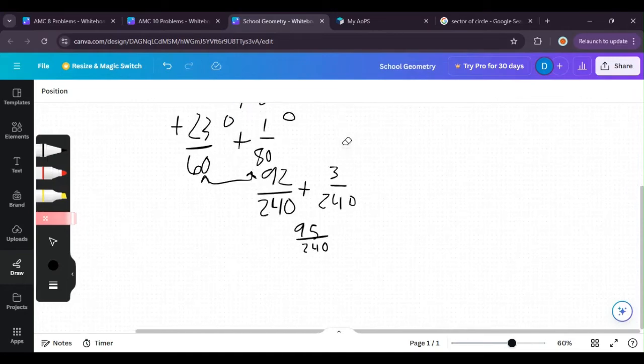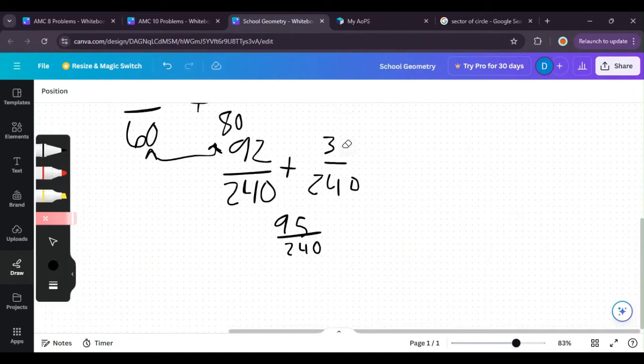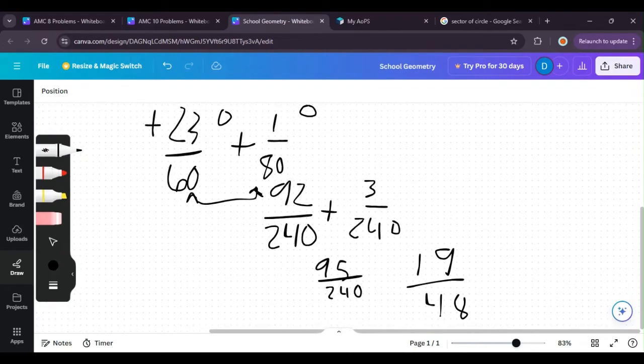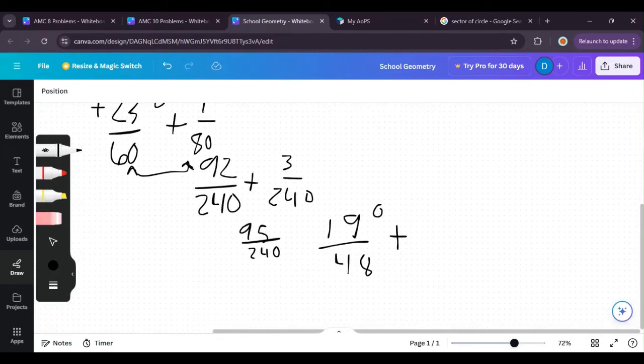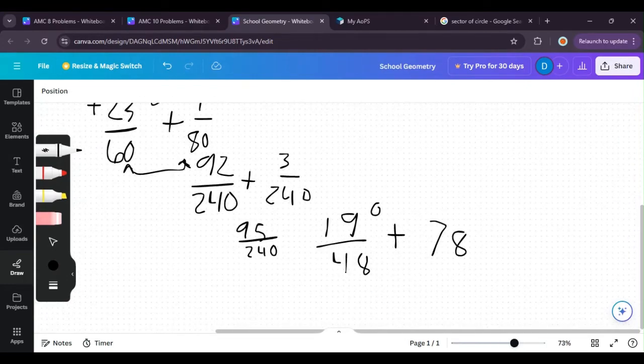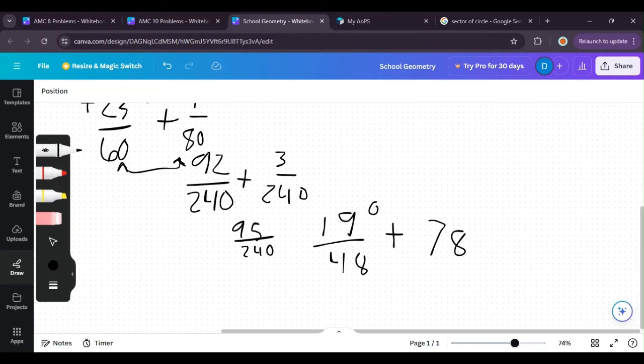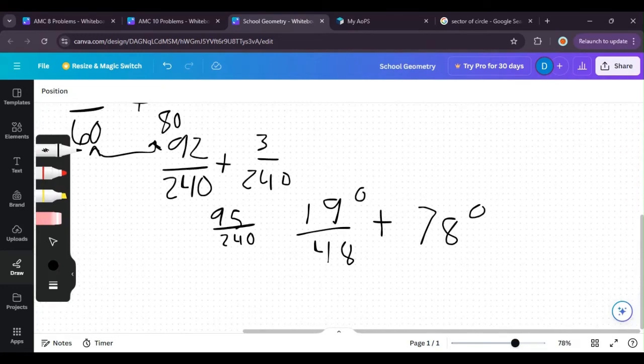So 95 over 240, we can divide by 5, and we get 19 over 48. So we have 19 over 48 degrees plus 78, and you can also simplify it into decimal form as well, but whatever you want to do, you can do here.